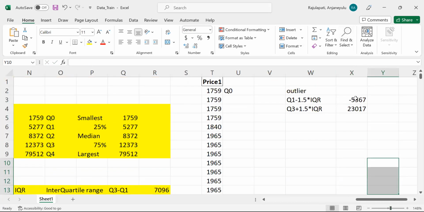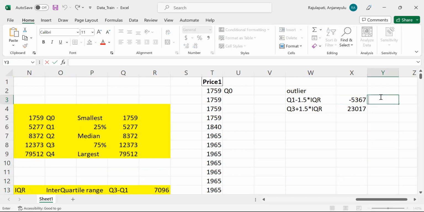The data we have that is less than minus 5367, less than this value, if you see any negative value less than minus 5367, the data we are calling outliers. The data we have that is more than 23,000, that data we are calling outliers.